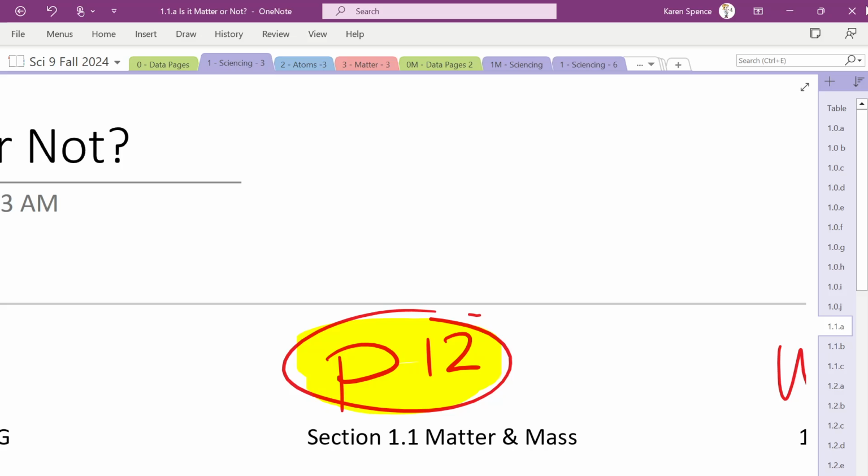Does anyone need a writing implement? Anyone need a pencil? You will be writing. You need something to write with.